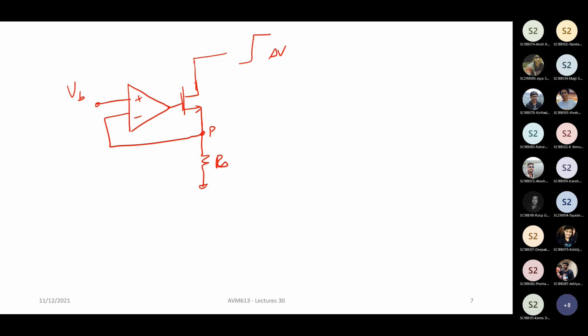Come on, guys. You've studied about op amps and virtual short and things like that, right? So what will this op amp in negative feedback loop try to do, with relation to, let's say, VB and VP?